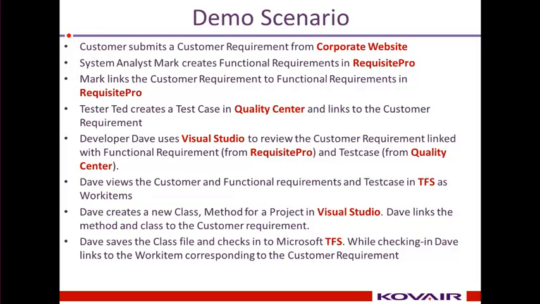Then he will create the class and methods and projects sitting in Visual Studio and link those things with a customer requirement, basically saying that to implement the customer requirement, I need this method, I need this class, etc. And also he will check in that particular class file in TFS.